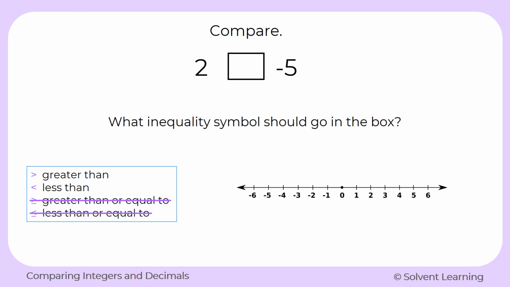So let's see where these numbers fall on the number line. Here's our positive 2, and our -5 is to the left. Since the 2 is further to the right, we would say that 2 is greater than -5. So we'll fill that box in with the greater than symbol.